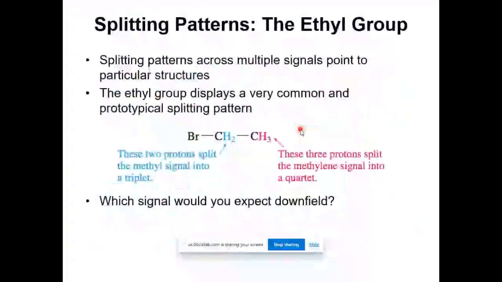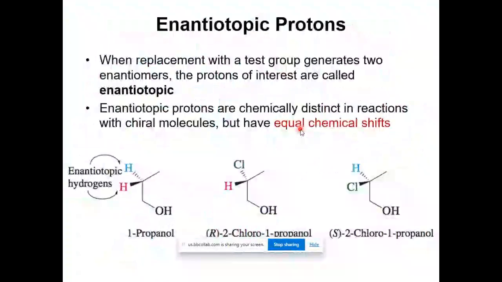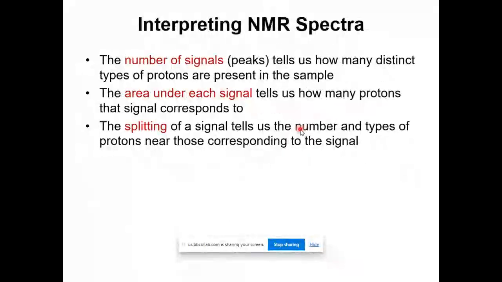From the NMR spectrum, we can extract quite a little bit of information. First, the number of signals tells you how many distinct types of protons you have in the sample. Then the area of each signal tells us how many protons that signal corresponds to.